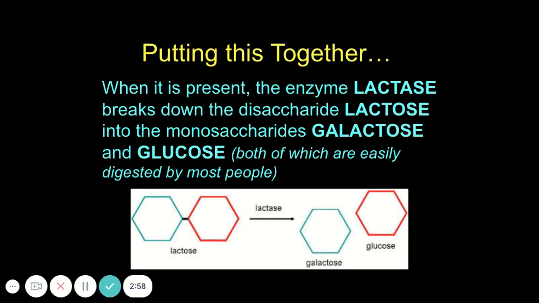So when we put all of this together, we realize that the enzyme lactase is necessary to break down the disaccharide lactose, and it breaks it down into two single sugars or monosaccharides called galactose and glucose. Both of those monosaccharides are easily digested by most people.